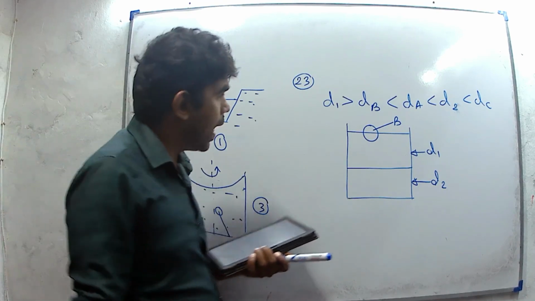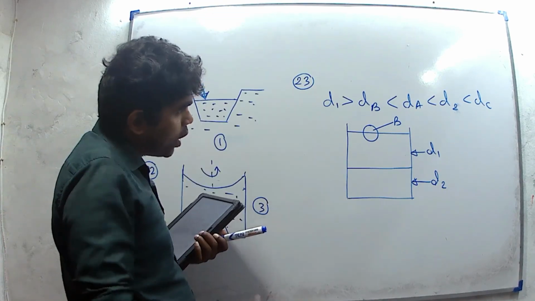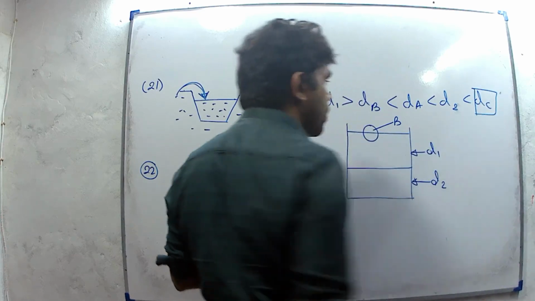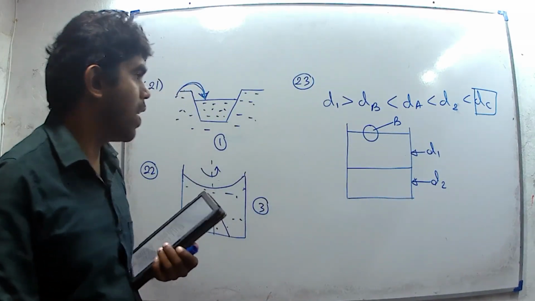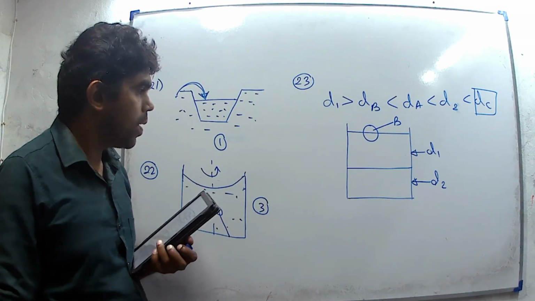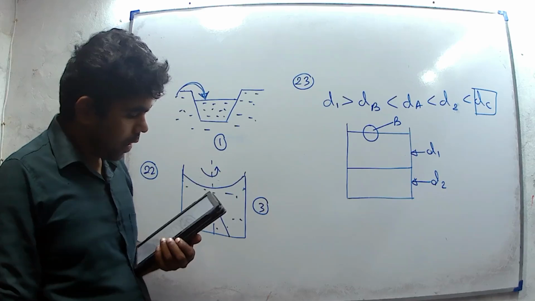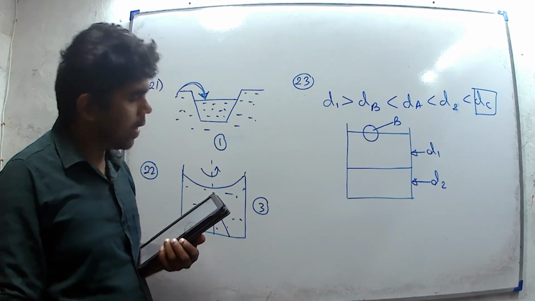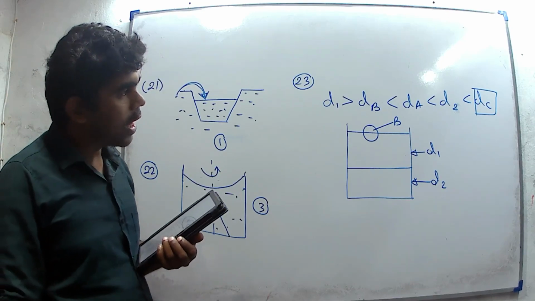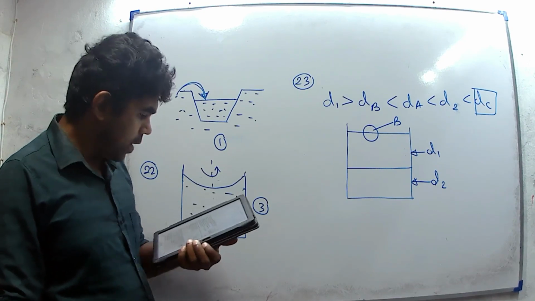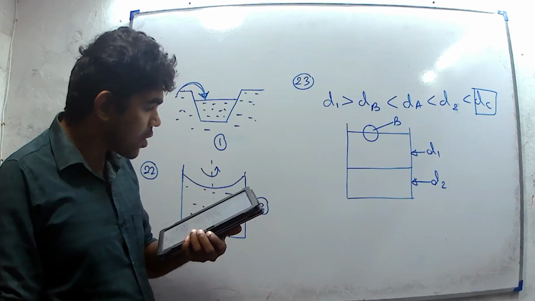But we know that the density of C is the greatest density. dC is the greatest value in this system. Therefore, it is certain that sphere C should stay at the bottom because it has the highest density. Then we can get the fifth answer as the correct answer.